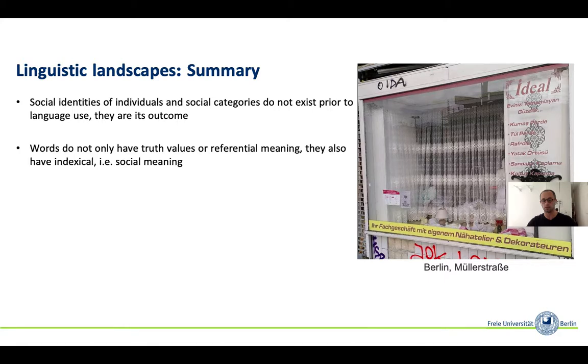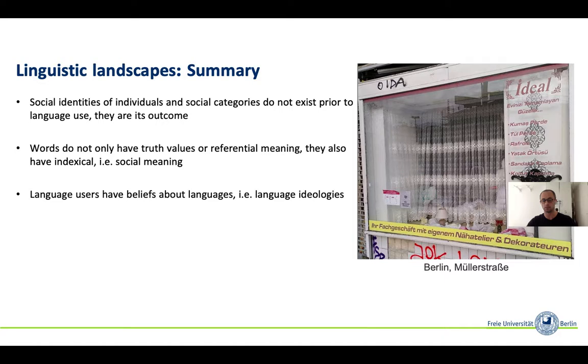We also know that words not only have truth values or referential meanings, but words, expressions, sentences, and also languages have indexical social meaning. And we also know that language users, people, have certain beliefs, certain ideas about languages and about language, and that means that they have language ideologies, right?